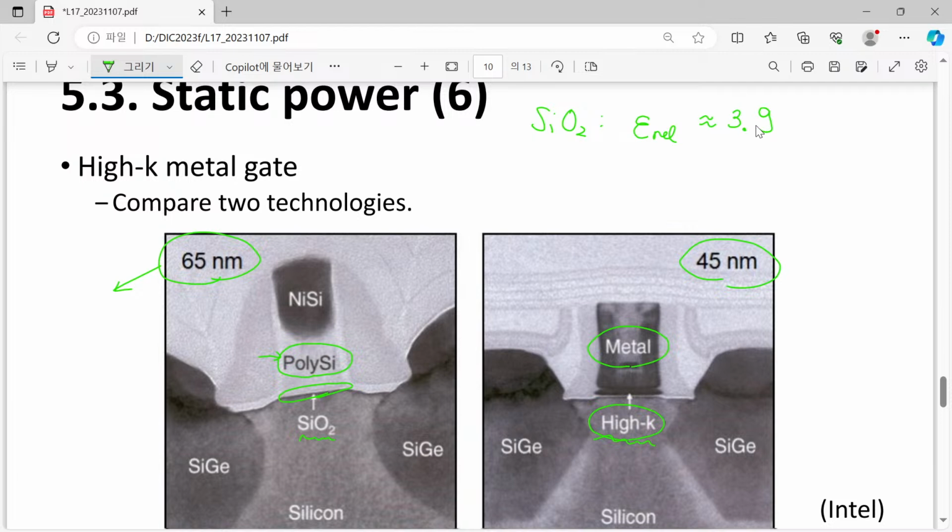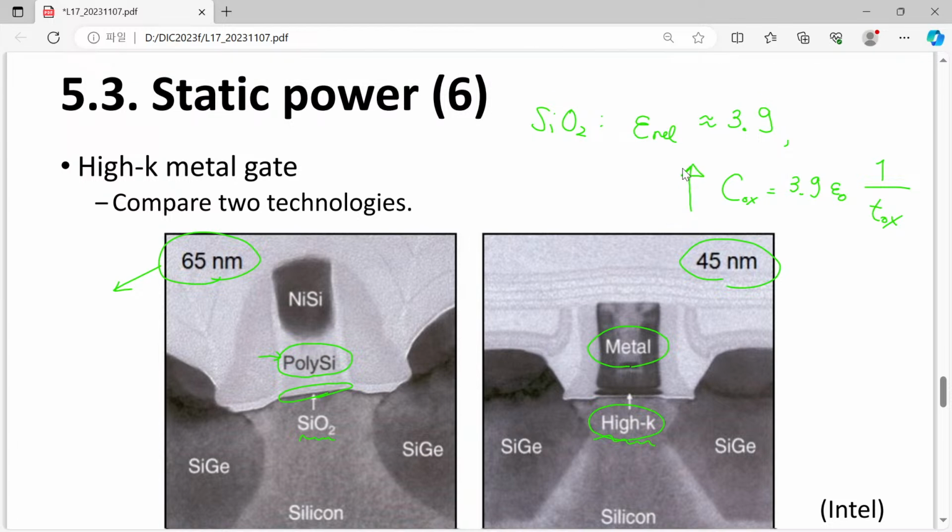So when we have a certain thickness, our oxide capacitance will be given by 3.9 times the permittivity of vacuum, divided by Tox. Although our goal is to increase this oxide capacitance, since the material is given, what we can do was just to reduce the thickness of the oxide.